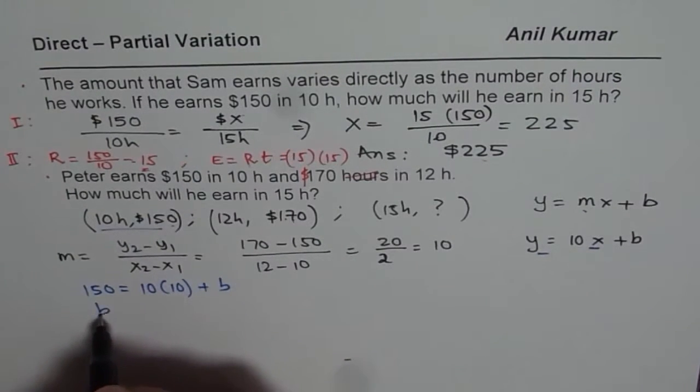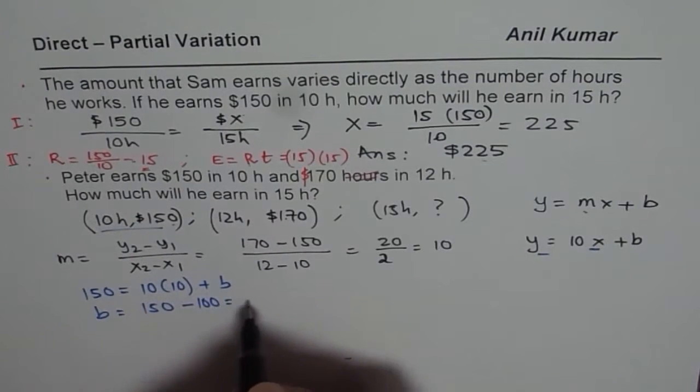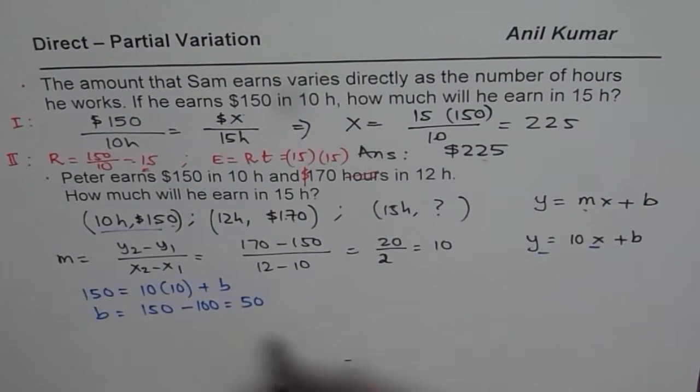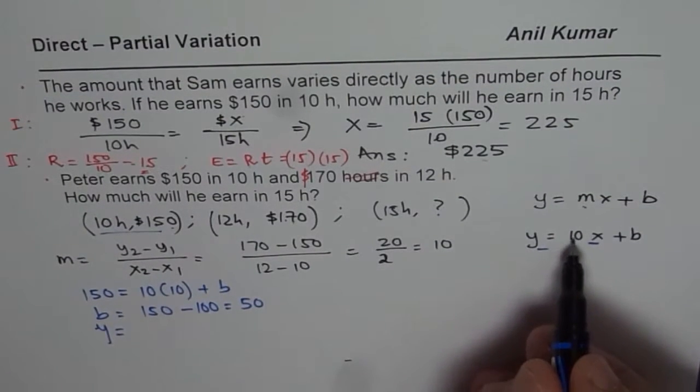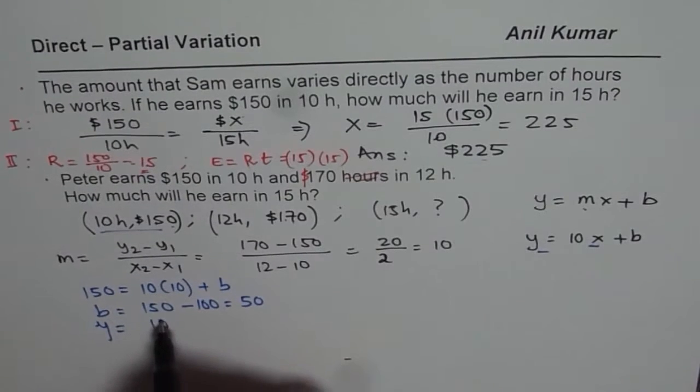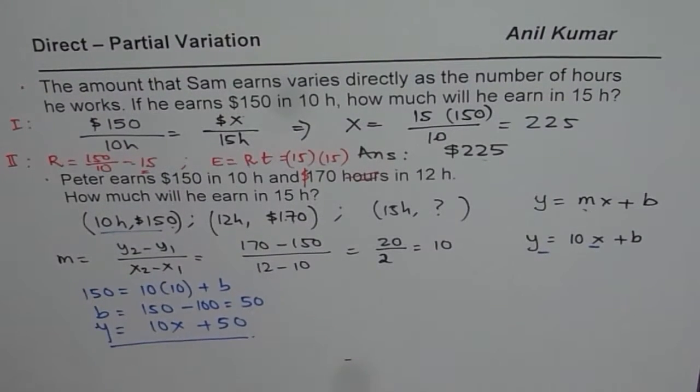So b equals 150 minus 100, which is 50. Therefore, substituting this value, we get y equals 10x plus 50. So that becomes the equation for us.